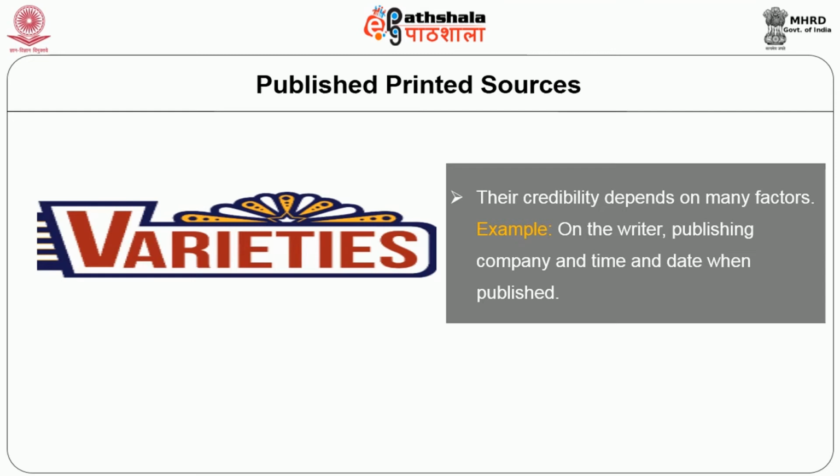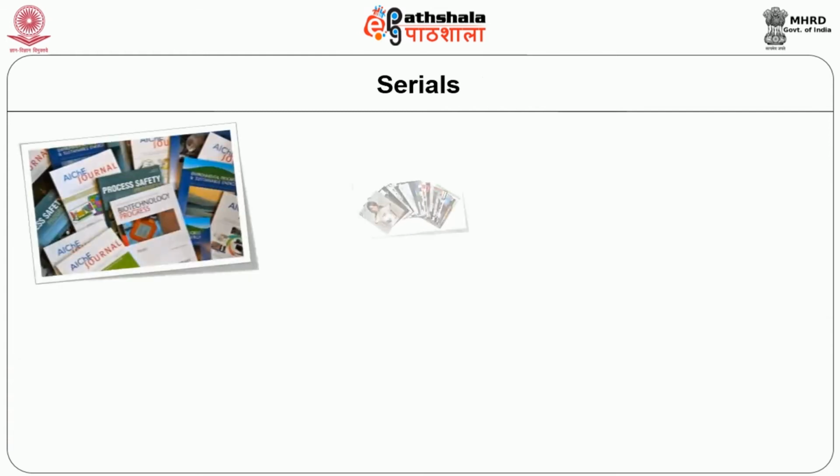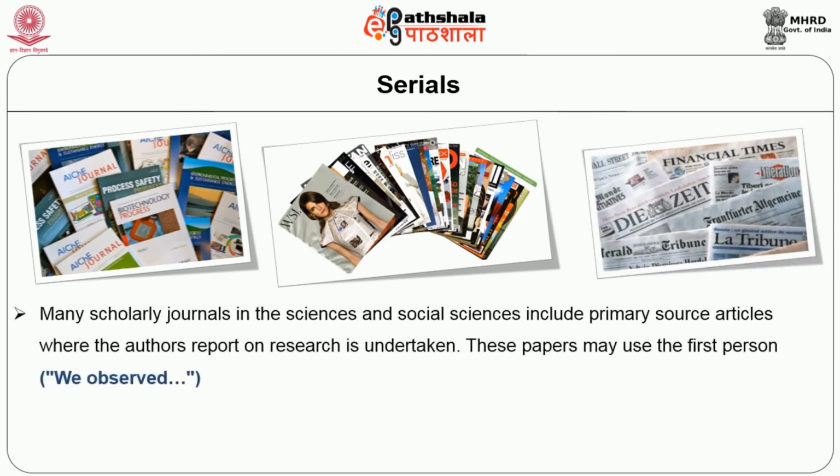1. Published printed sources. There are various published printed sources. Their credibility depends on many factors, for example, on the writer, publishing company and time and date when published. New sources are preferred and old sources should be avoided as new technology and researchers bring new facts into light. Serials, journals, magazines and newspapers are serial publications that are published on an ongoing basis.